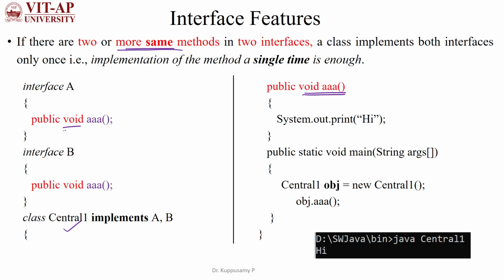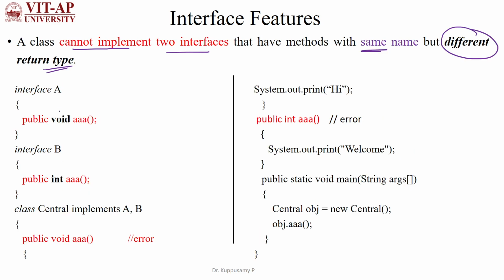Previously the return type was void for both methods in the two different interfaces. Now I am creating the interface A with method tripleA, which has return type void. Then the second interface B is created with a method of the same name as in the previous interface, but the return type here is int.